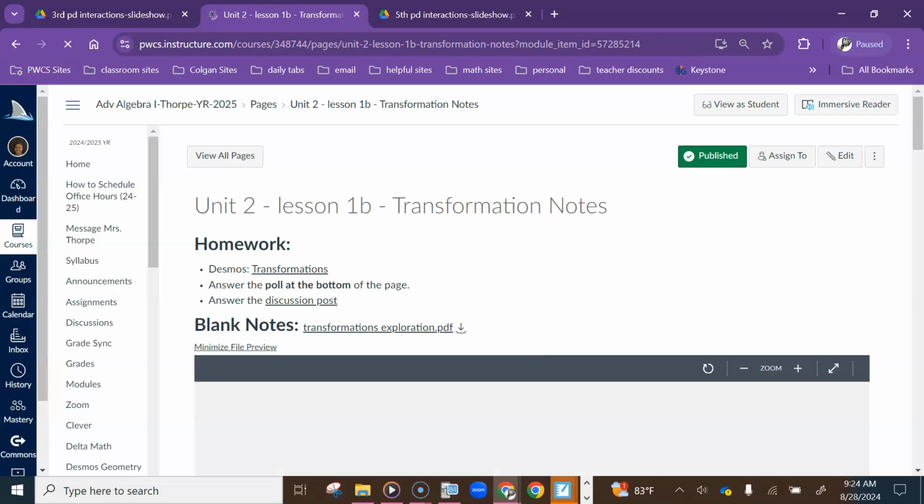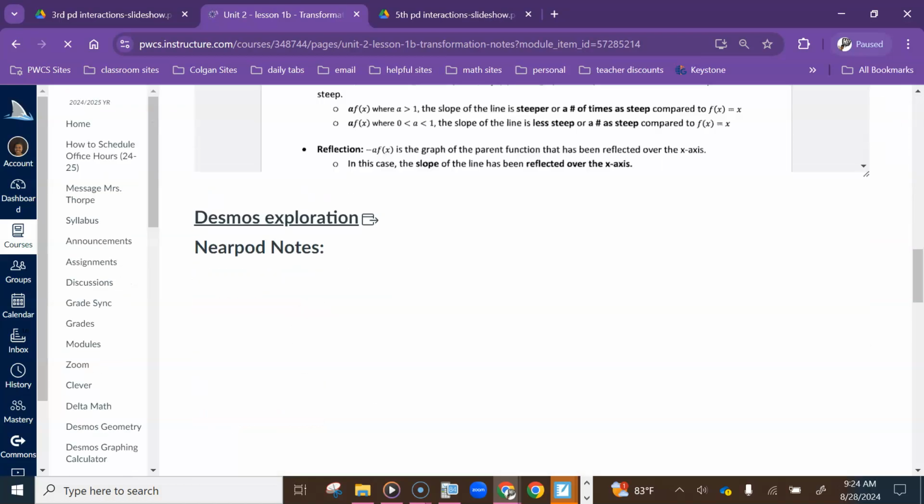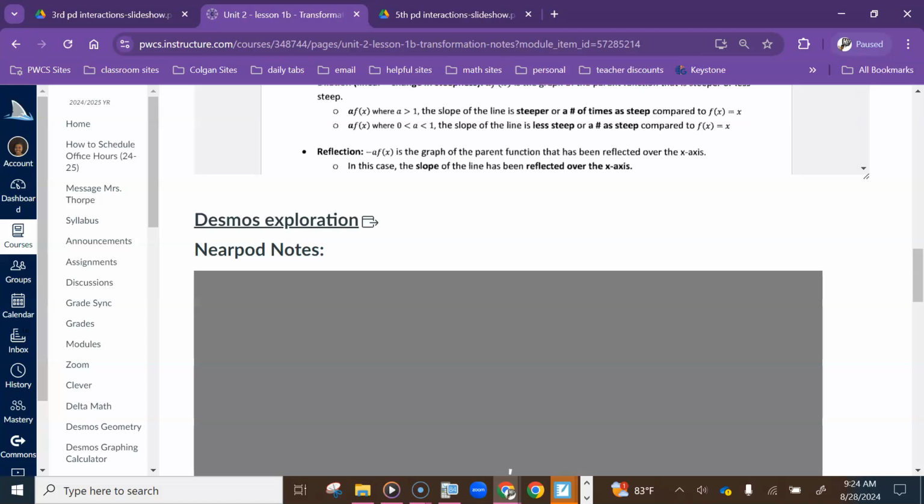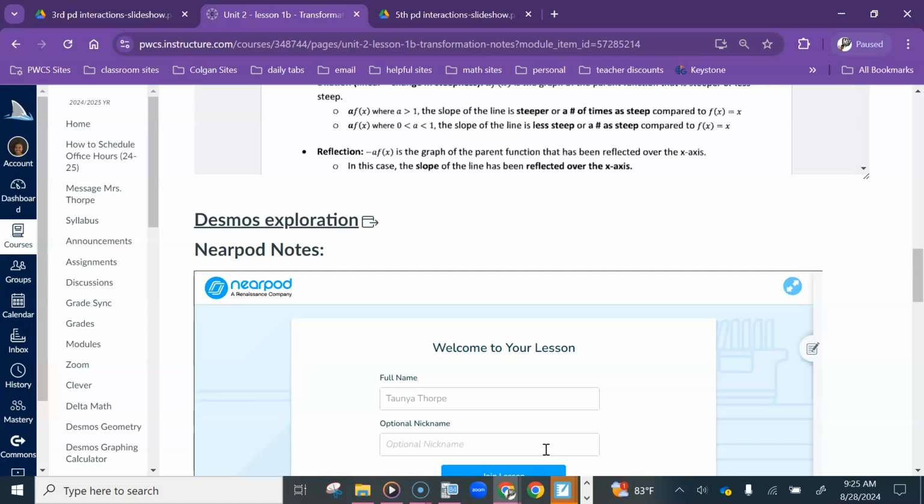And then you may have to scroll, you may not have to scroll, but you're going to click on the Desmos exploration after I unlock your iPads. Because it won't work unless I do that. So once that unlocks, you should be able to click. If you're not sure where that was or you got lost, raise your hand, I'll be around in 1 second.